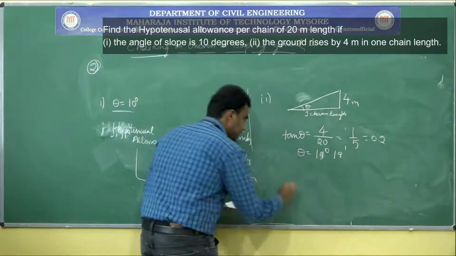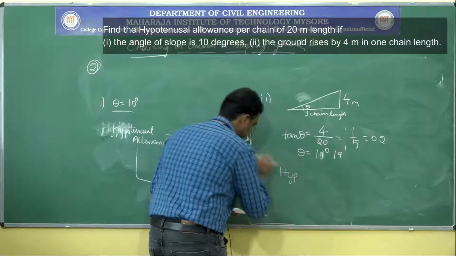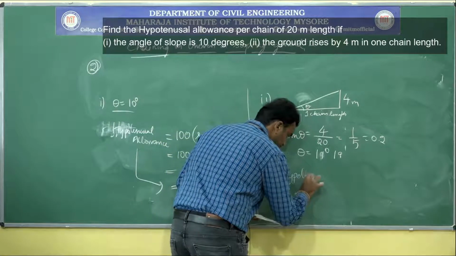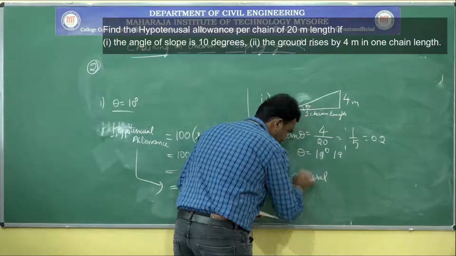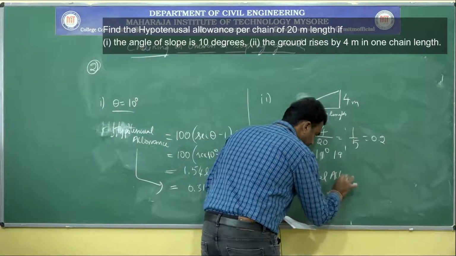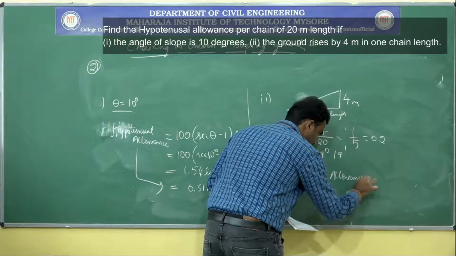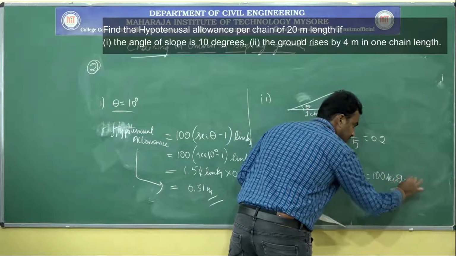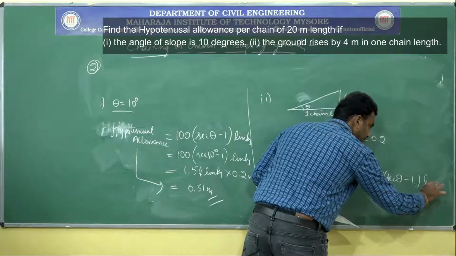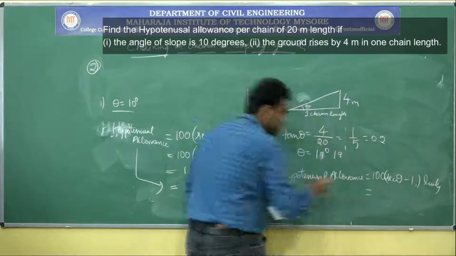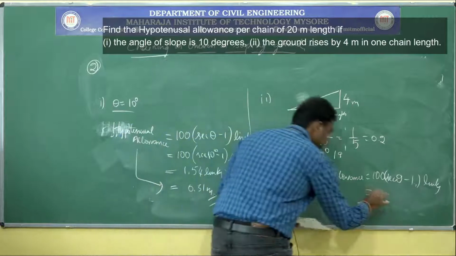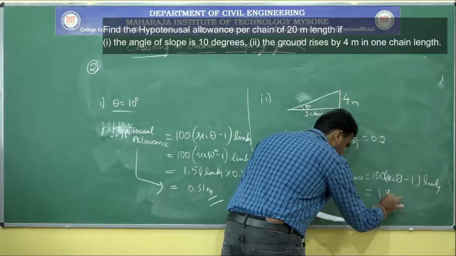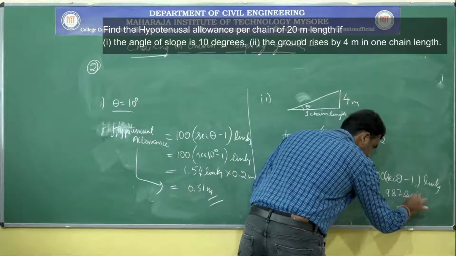So hypotenuse allowance, considering the second case, will be equal to 100 secant theta minus 1 links. Substitute theta over here, and we will get 1.987 links.